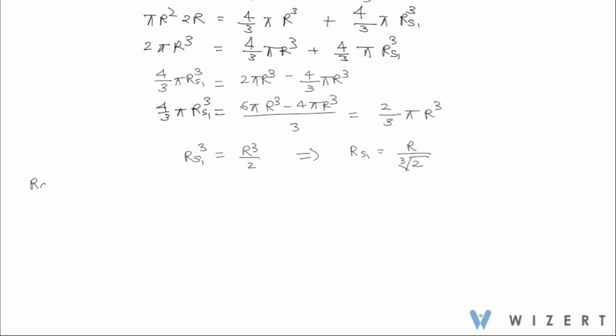Therefore ratio of rS to rS1 is equal to rS divided by rS1. rS we know is r and rS1 is r by cube root of 2, which is equal to cube root of 2 divided by 1.